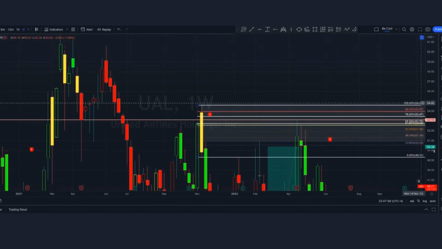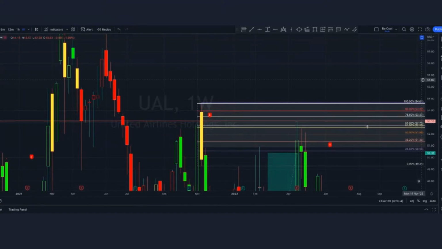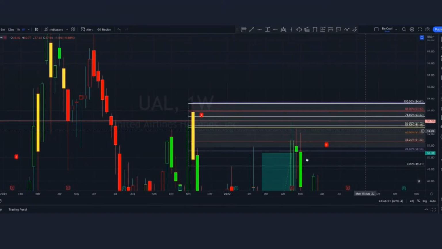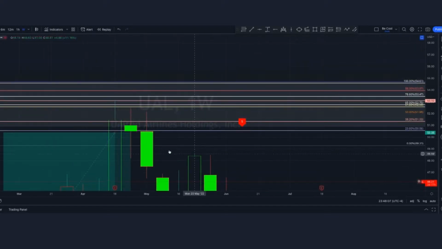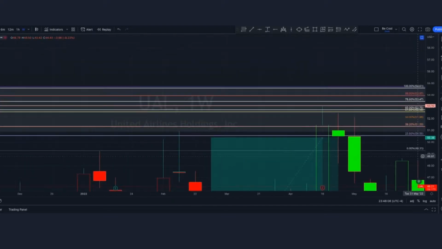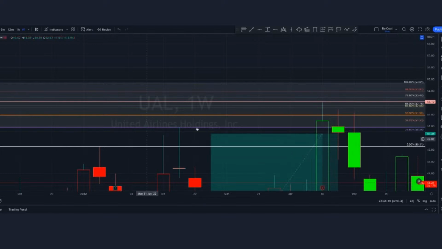Let's zoom in some more. I got all this real estate on this screen. We gonna zoom in. Okay. Up close and personal. But bing. So when it came back for that trade, look where it came to.